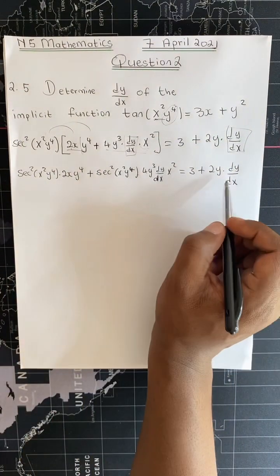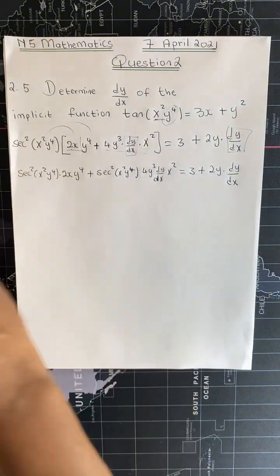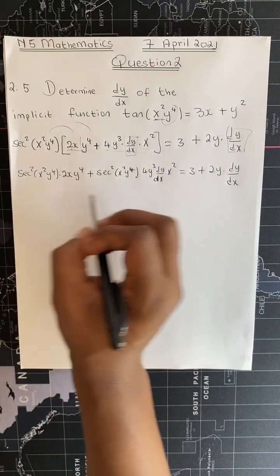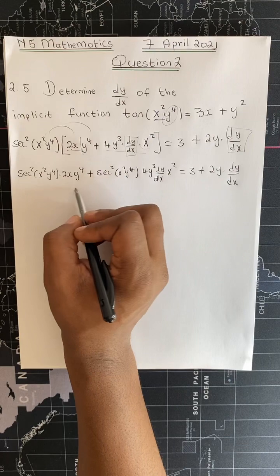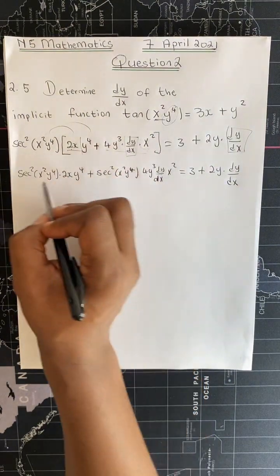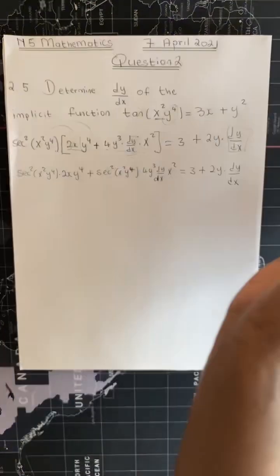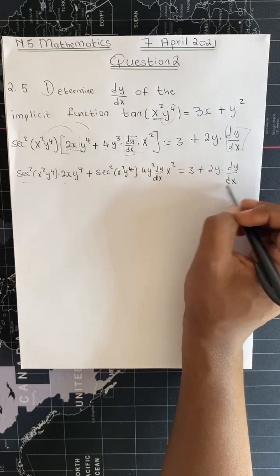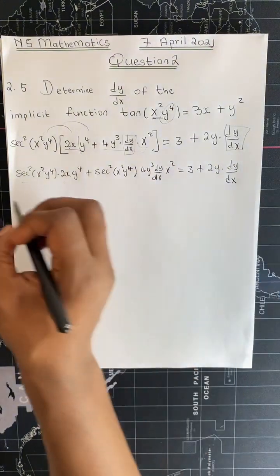So we group whatever it is that has dy over dx, we take it to the left. This has dy over dx, so it's going to remain. This doesn't have dy over dx, so it's going to go to the right. So let's first start by taking the 2y dy over dx to the left.